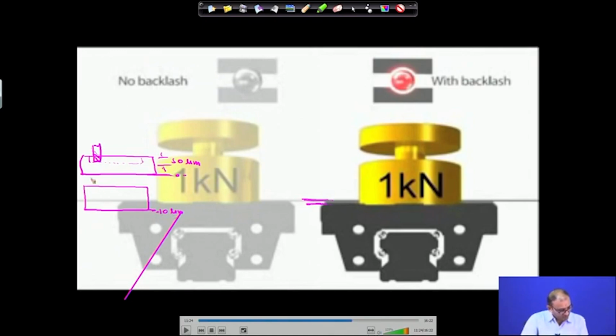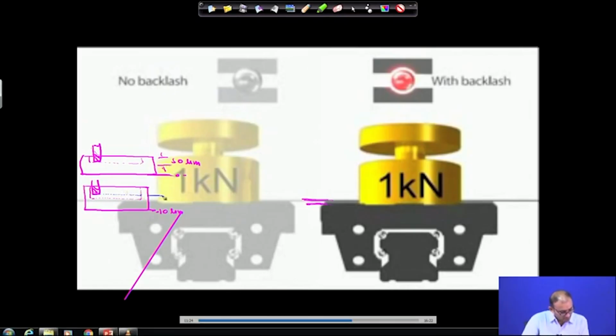So, your tool is still here and you assume that your tool has gone 50 micron into the workpiece from the top surface, correct, but your top surface has shifted down here. This is what you actually want to cut, but because of this deflection, what you are cutting is this one.